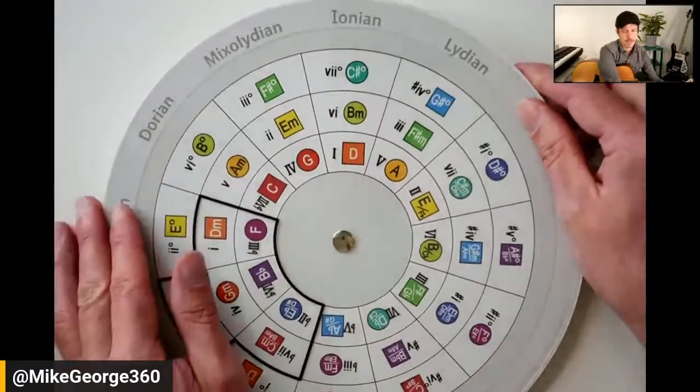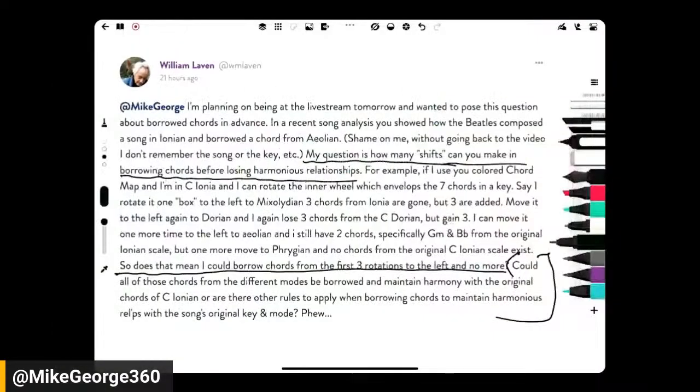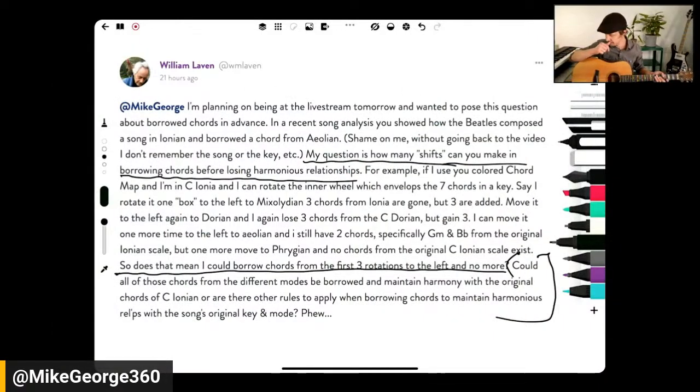You start losing the gravitational pull back to that home mode, so you're further out in space, as it were. That's not to say that it's unheard of. It's just not as common.